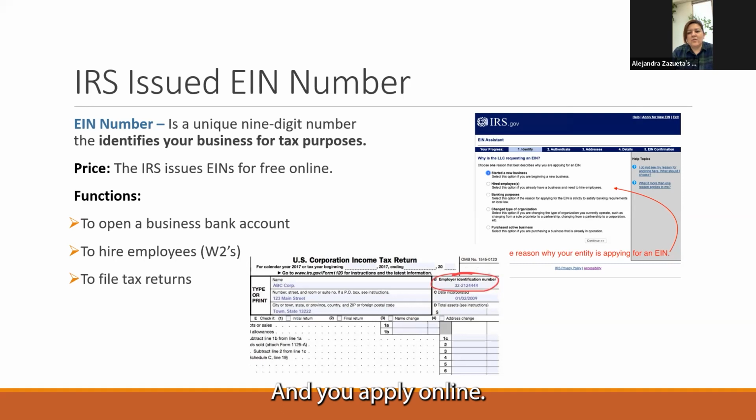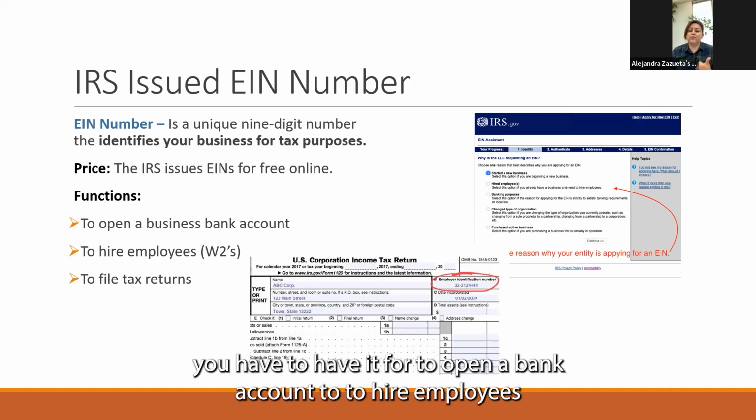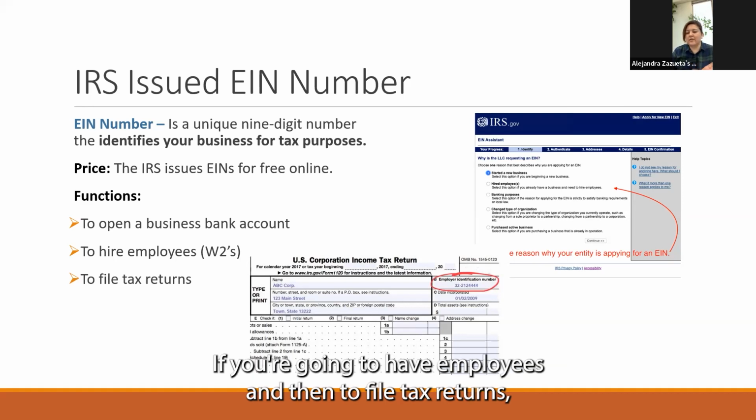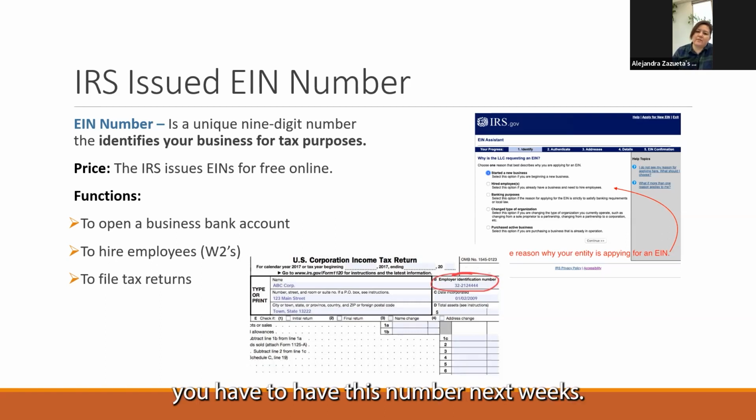You apply online, and it's free. You have to have it to open a bank account, to hire employees if you're going to have employees, and to file tax returns. Next, please.